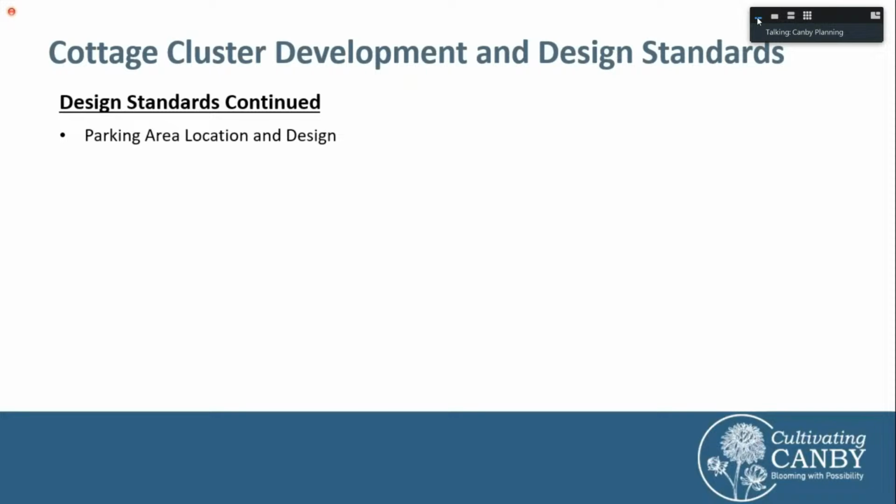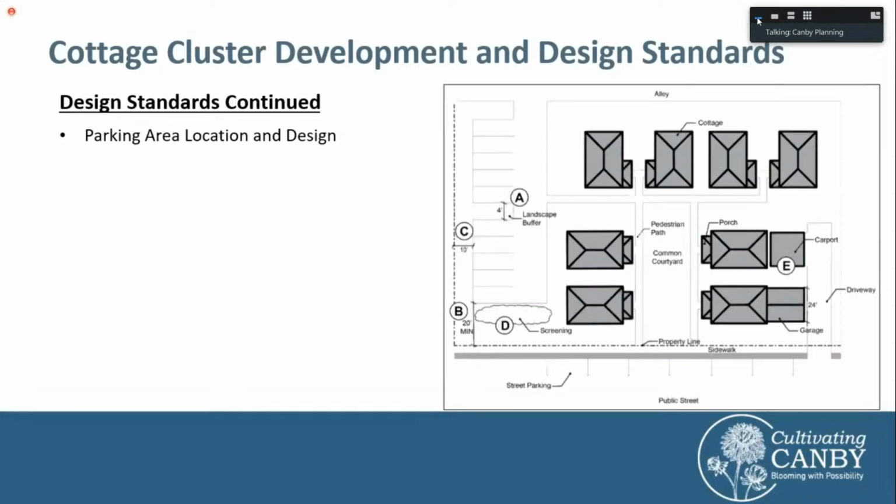And then parking area standards, everyone's favorite. So regardless of the number of parking stalls, the idea here is to provide different ways in which parking can be met. You can see off to the left of the cottage example here, you've got that clustered parking that Don was talking about.